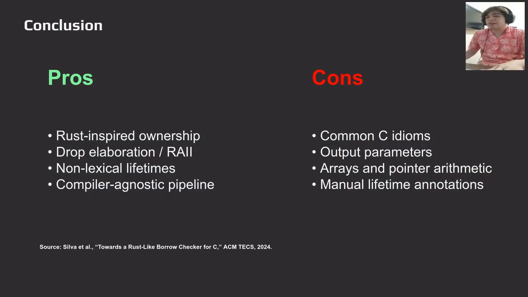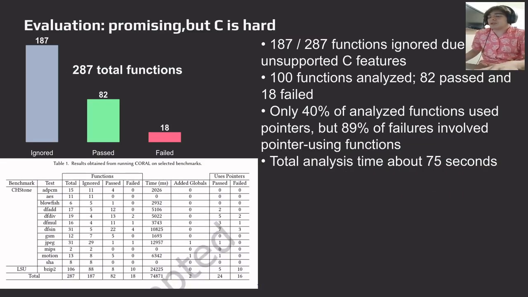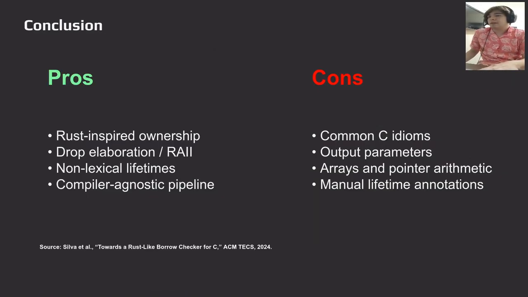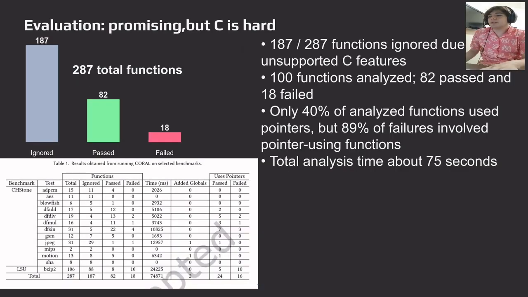The only cons I would say is that for the results, we kind of saw that a lot of them were ignored, and the things that you would usually use C for, which is like pointer arithmetic, and all of that power basically turns into being unsupported, or it's not going to work in this kind of paradigm of thinking.